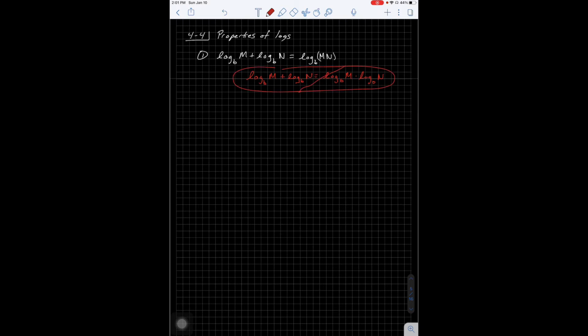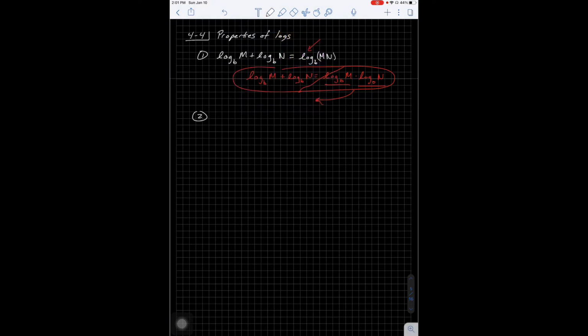This is the number one problem with this property: people want to write this. They like to go this direction. I have two logs multiplied and they want to split them with addition. That's not how it works. The log on this side is written only one time, not on both of the parts.